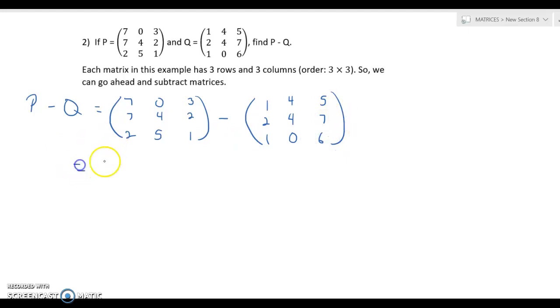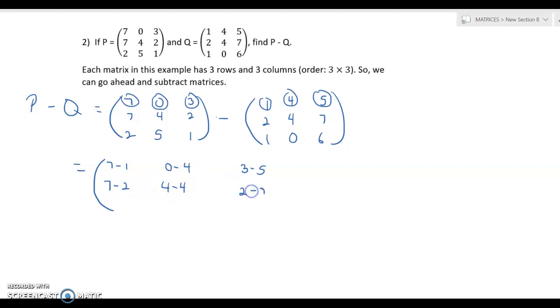All right, let's just start taking away. 7 take away 1, 7 take away 1, then 0 take away 4, and then 3 take away 5. That's the first row. Let's do the second row now. 7 take away 2, 4 take away 4, 2 take away 7. And the last row now: 2 take away 1, 5 take away 0, and 1 take away 6.